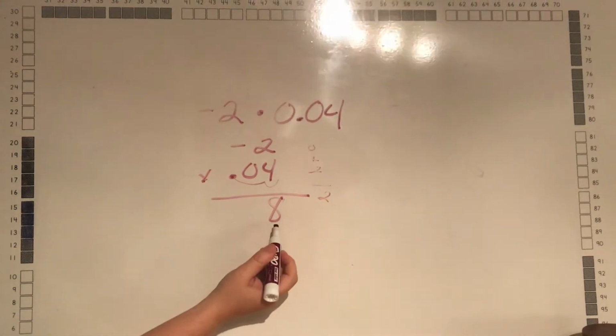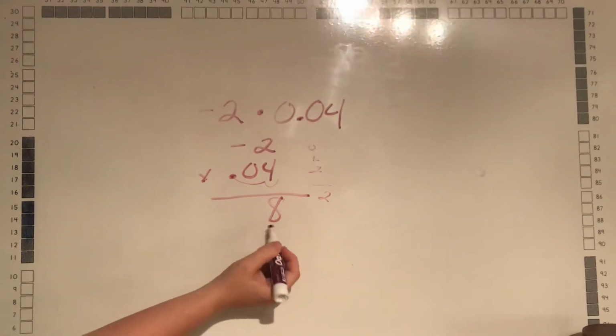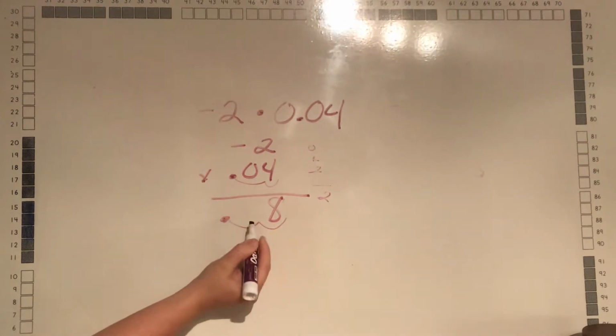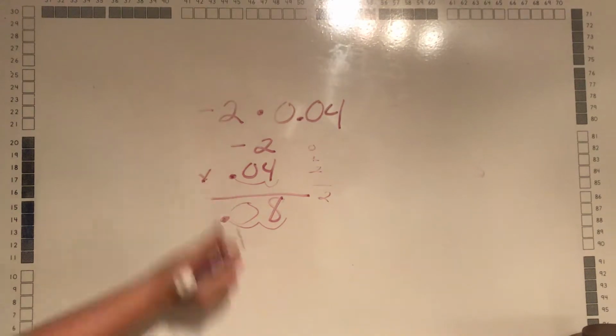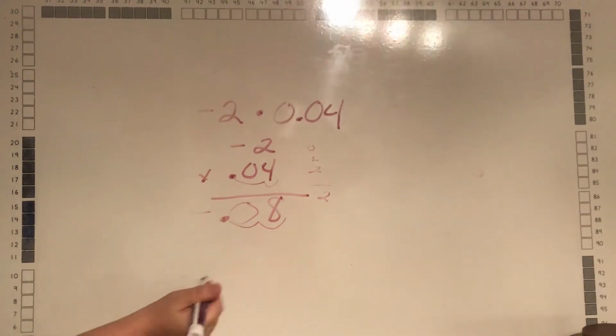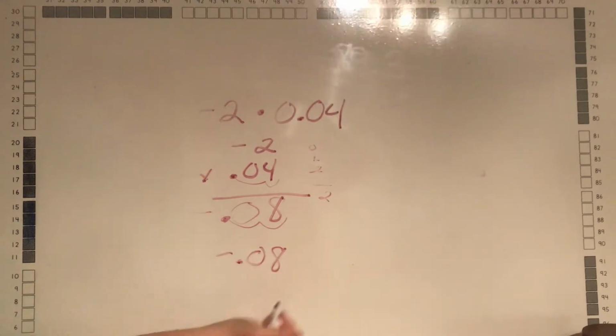So with our 8, what we do is count 2 places to the left to figure out where our decimal goes. So 1, 2, that's where our decimal goes, and we add in the 0. Now, we have a negative factor and a positive factor, and we know from our previous rules that if you have a negative multiplied by a positive, your product is always going to be negative. Therefore, our answer is -0.08.